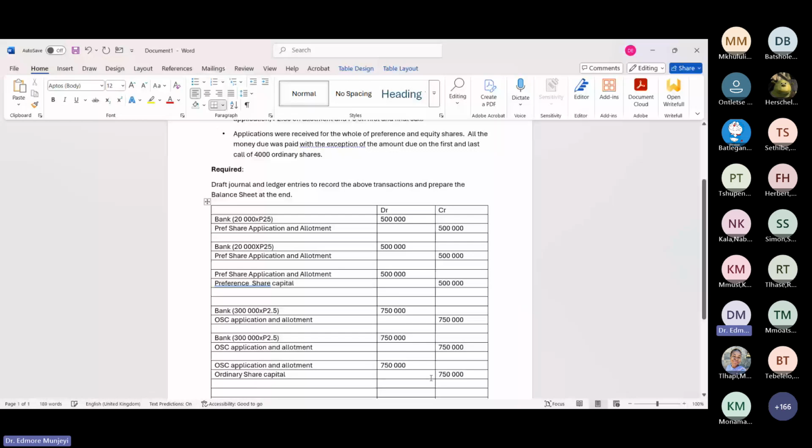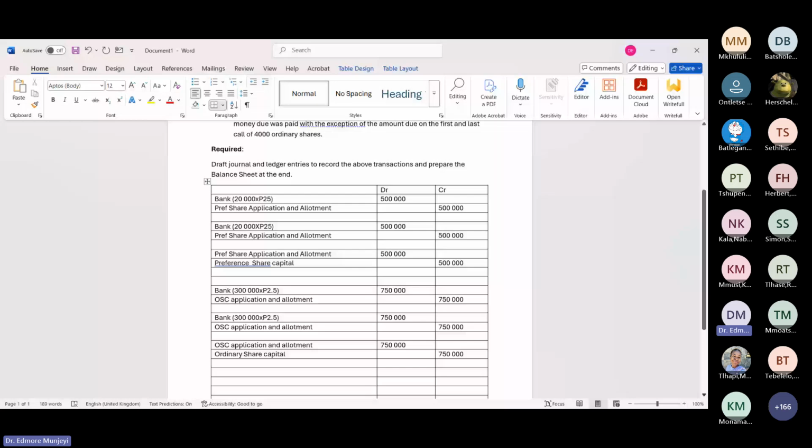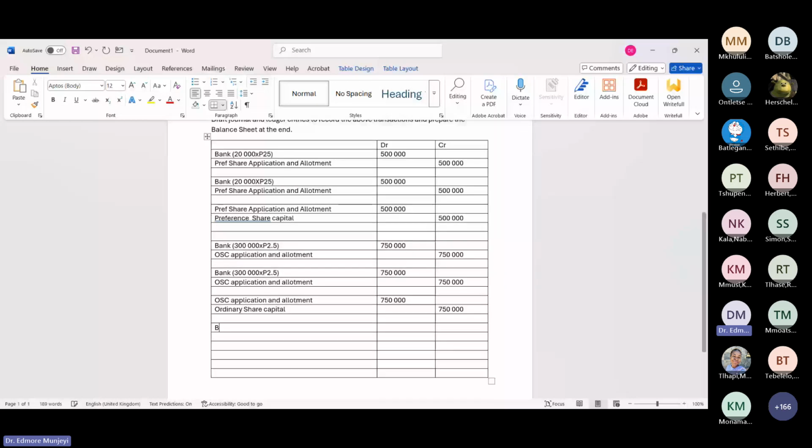However, we are told that in the final call, our bank account is going to receive money. How much? 300,000. But there is a clause there. Let me read.